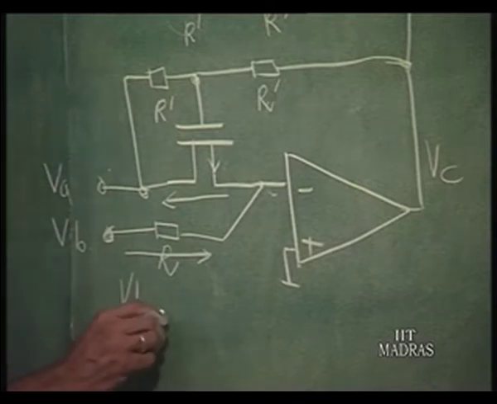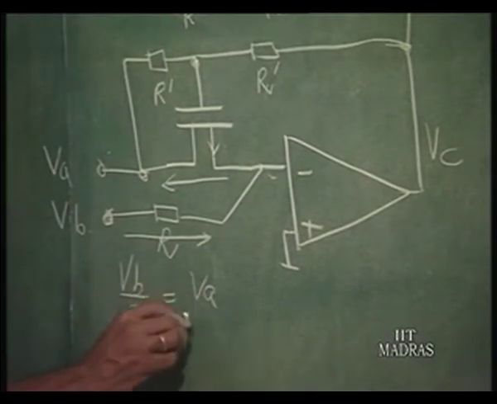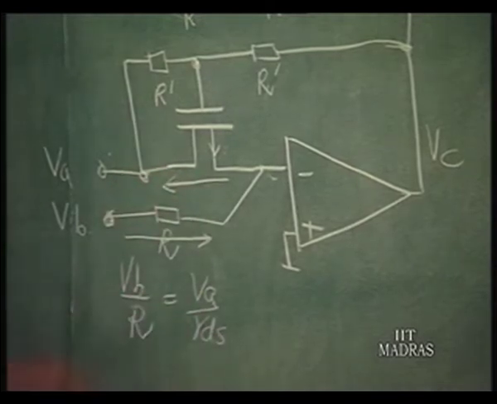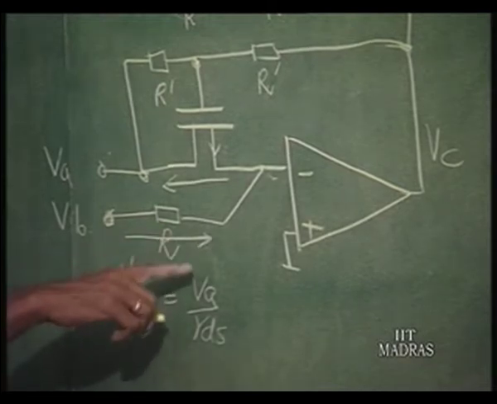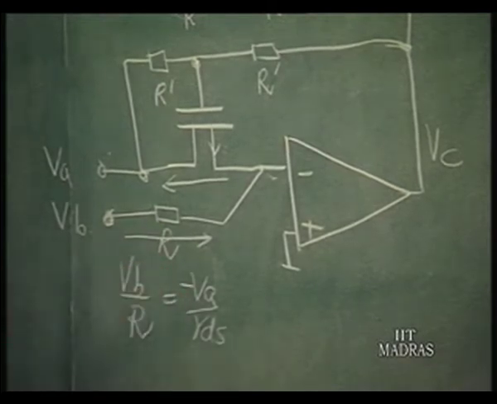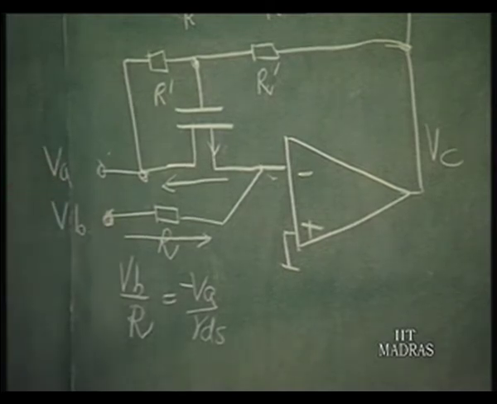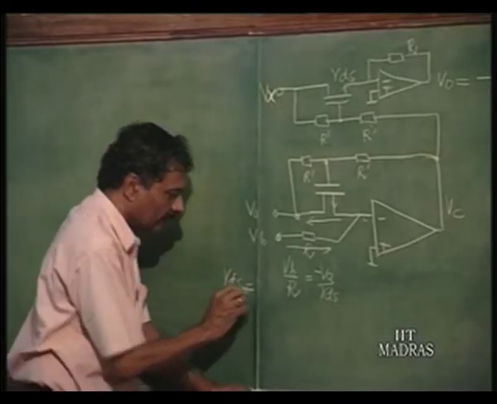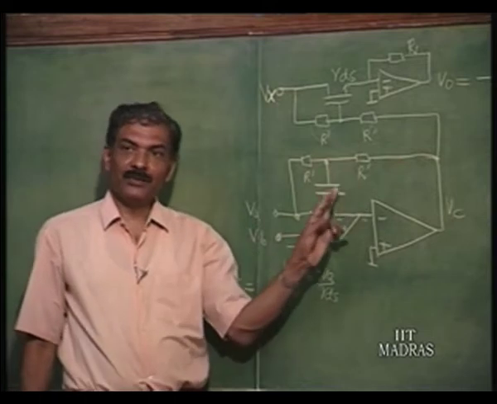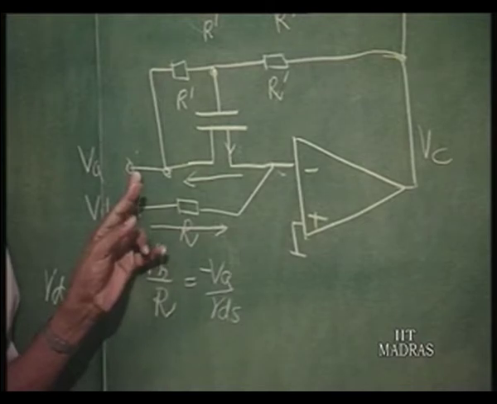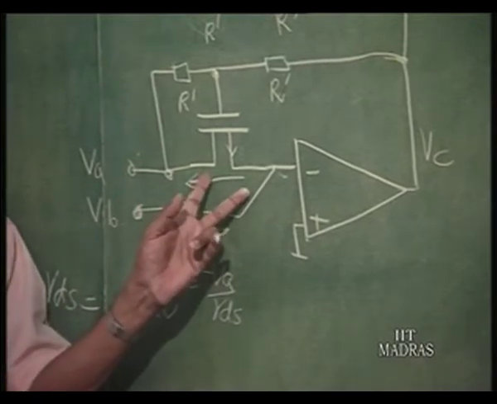Therefore, the resistance, if it is VA divided by RDS in this case, VB by R should be the same as minus VA by RDS, or VB by R plus VA by RDS should be 0. So, that means actually RDS is going to be fixed by this negative feedback circuit in such a manner that whatever current goes, since this voltage is fixed, this RDS will adjust itself.